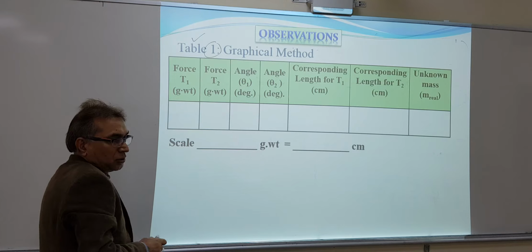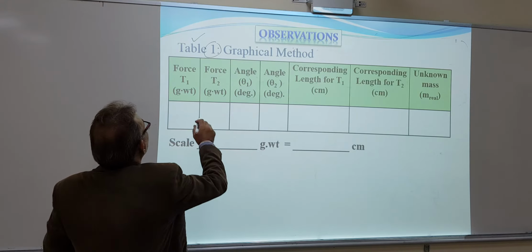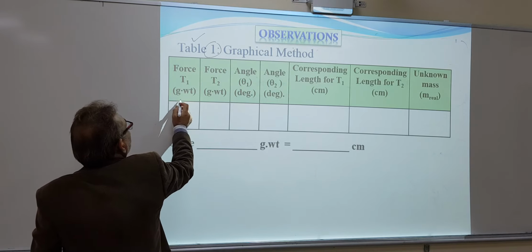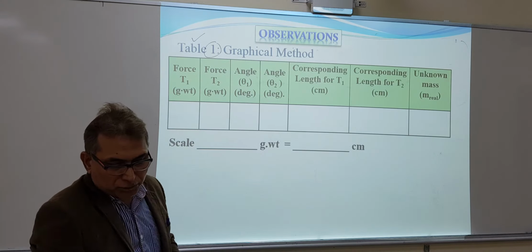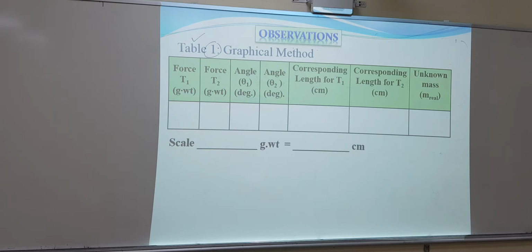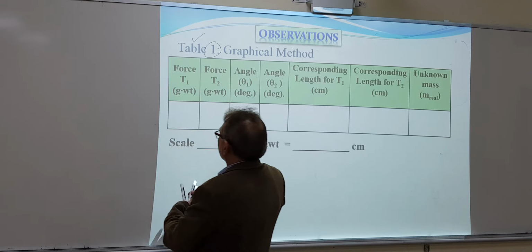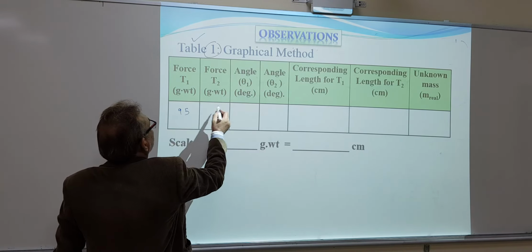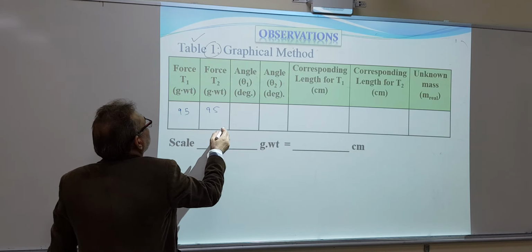So first of all, on one side we say T1 in gram weight. For example, today I'll be using 95 gram. I will show you shortly. On the second side, again 95 gram.